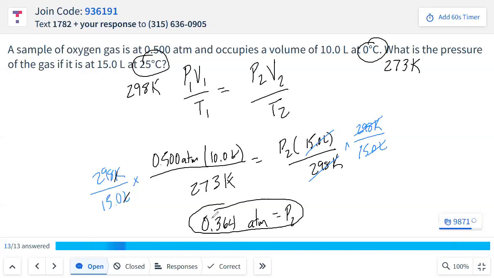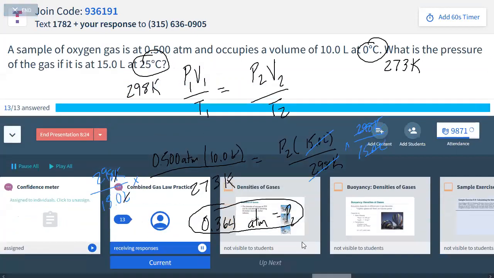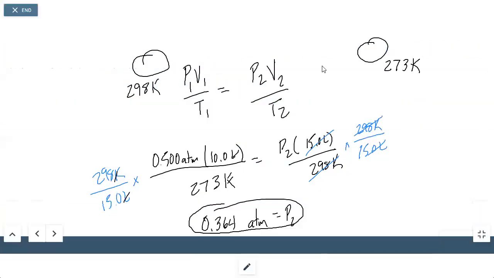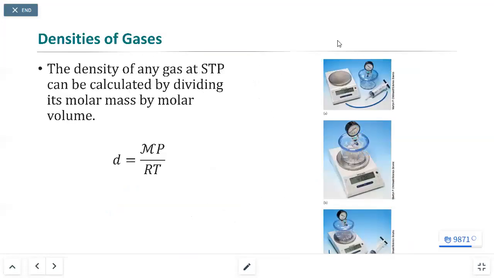Any questions with this before we move on to some more ideal gas law calculations? All right, taking that silence for no. Let's talk about another application of the ideal gas law.